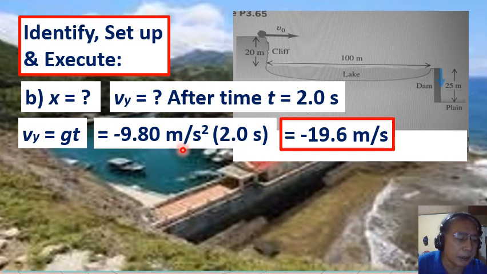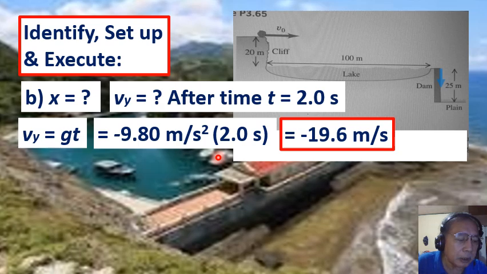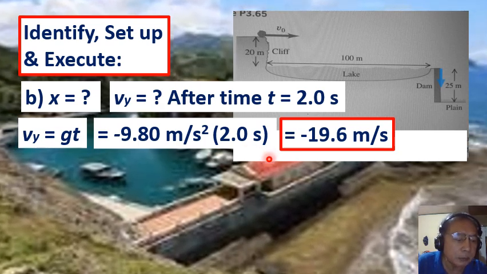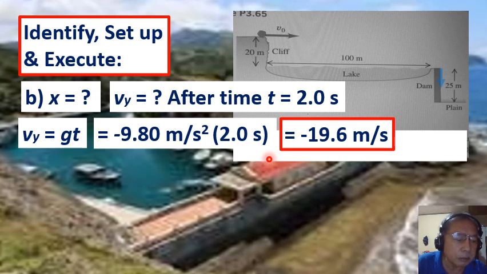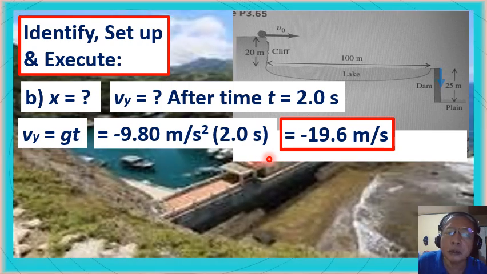So, when the rock is exactly at the top of the vertical face of the dam, its velocity is composed of the horizontal component, v naught, and the downward vertical component, v sub y.